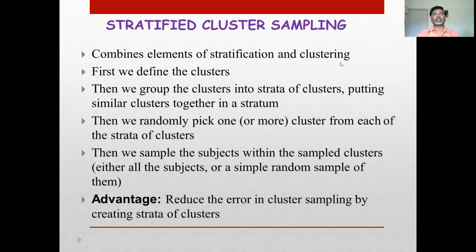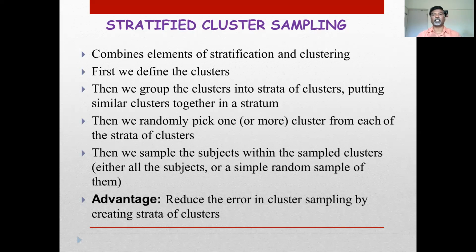Then the third one is stratified cluster sampling. It is a combination of stratified and cluster sampling. Here we first define the clusters, then group those clusters into strata, putting similar customers together in a stratum. We divide the population into clusters, then from those clusters we create groups of homogeneous strata, and from each stratum we randomly select the members.